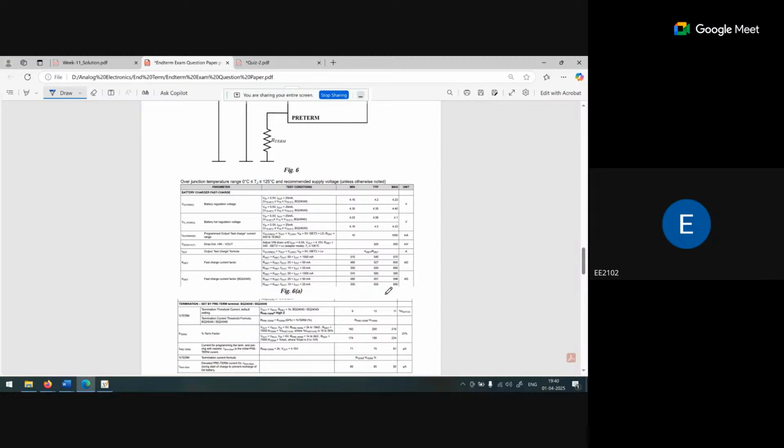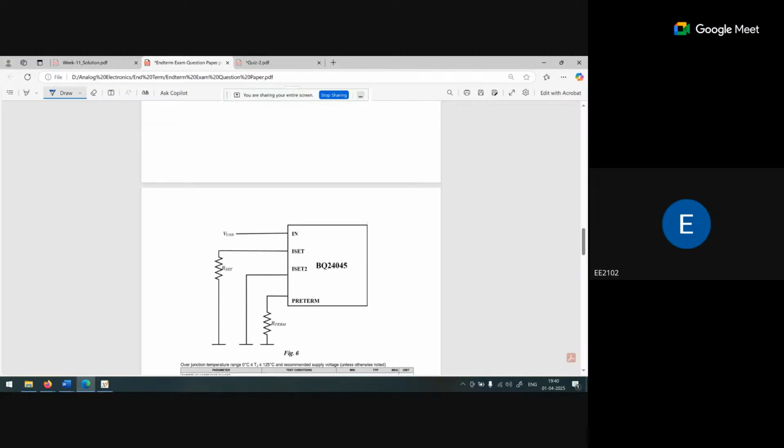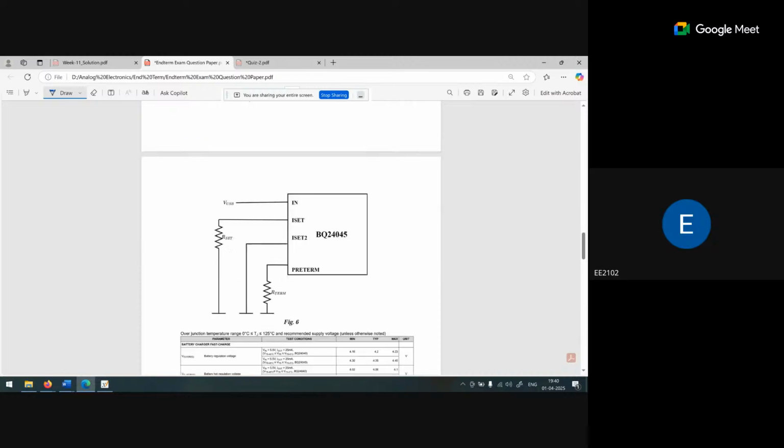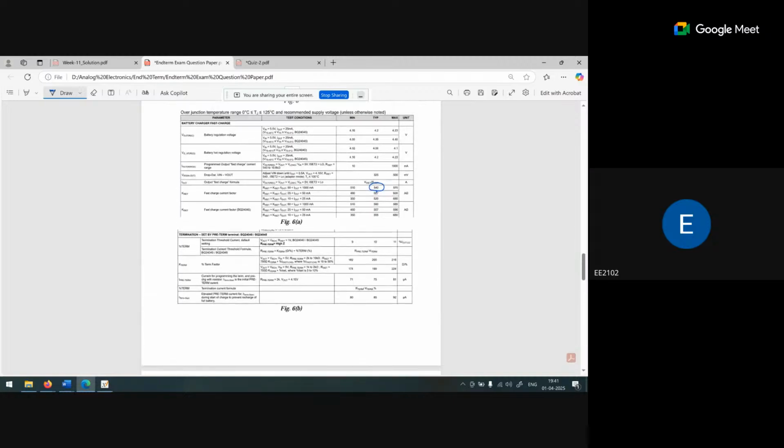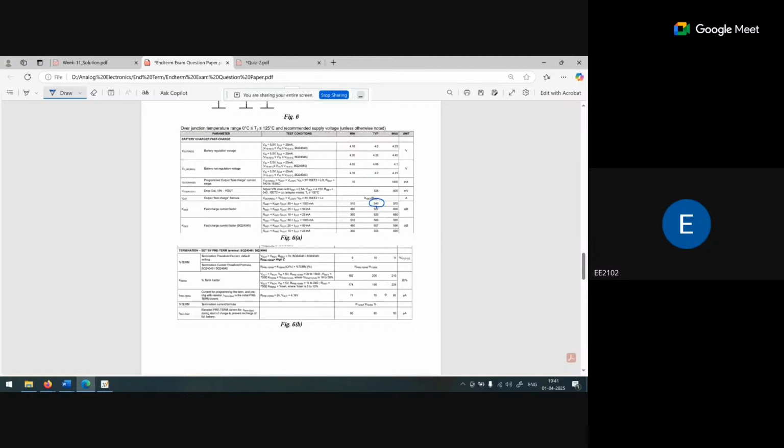If you see in the data sheet, the K set is 540. In the question it is given the 1 ampere current. Okay, charging current is 1 ampere. So 1 ampere is that 1,000. So we are taking the typical value of 540.